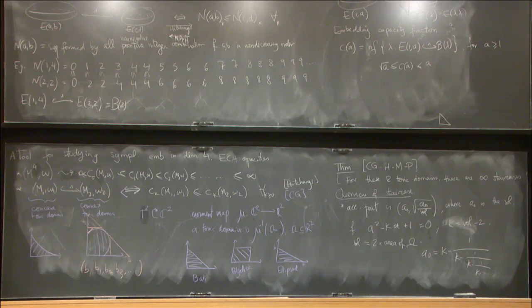Right. Then 2, for A naught a solution of A squared minus K A plus 1 equals 0. So at our expected accumulation point, you are actually on the volume.